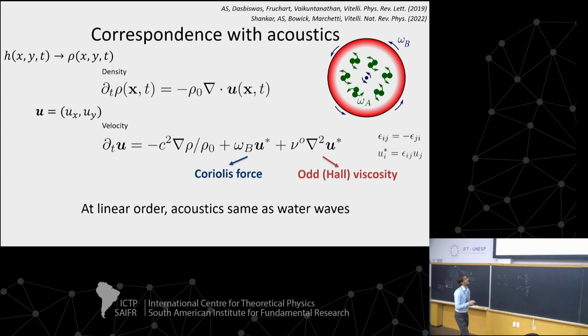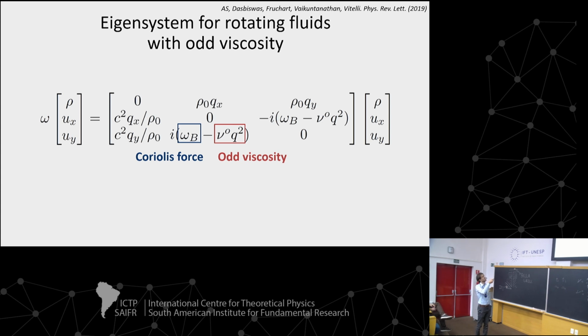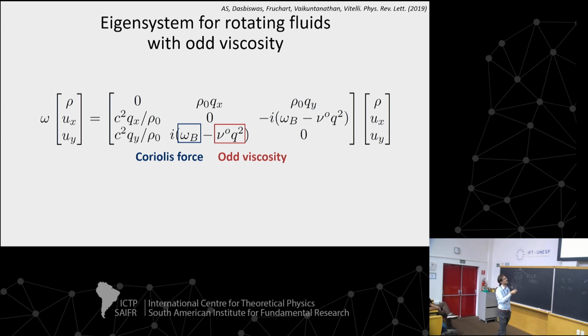And now what you can do with these equations is you write them out in Fourier space. So I take a Fourier transform in time to get a frequency prefactor here, and also a Fourier transform in space. And now these extra terms that have a broken time reversal symmetry will enter this kind of response matrix that gives you the dynamics of the fluid.